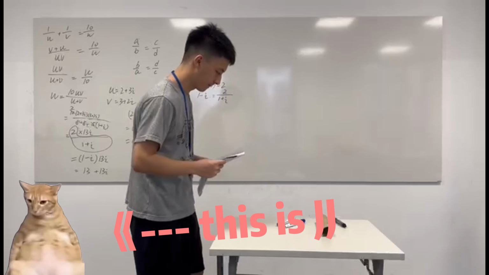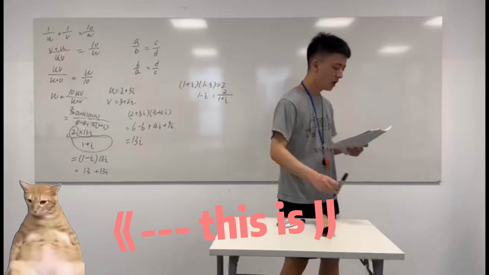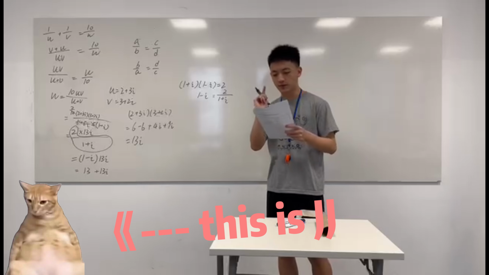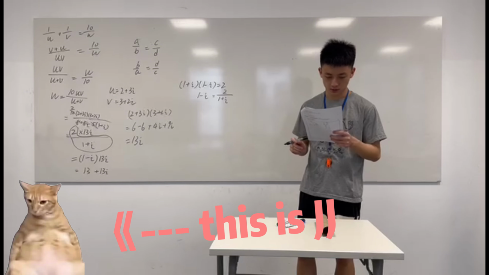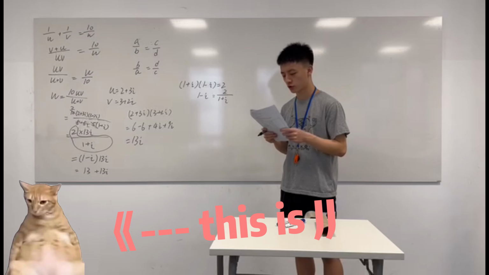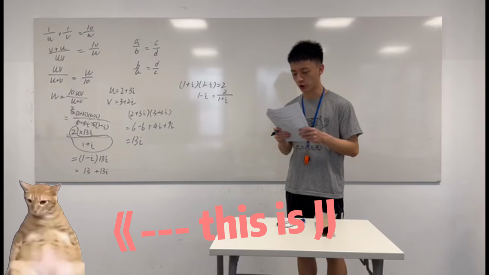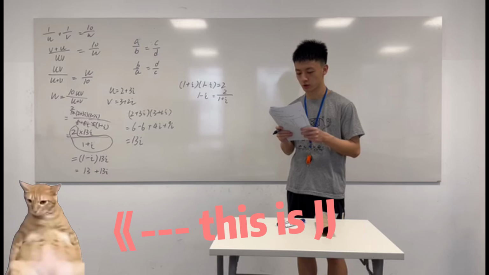Question 7. The function f is defined by f(x) equals 1 over x, x does not equal 0. And the graph of function y equals g(x) is obtained by applying the following transformations to the graph of y equals f(x). Blah blah blah.